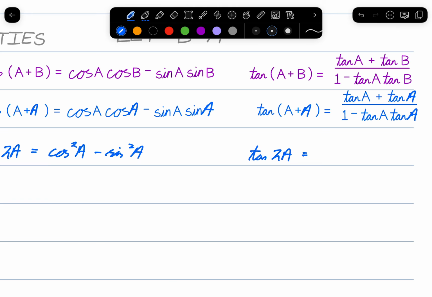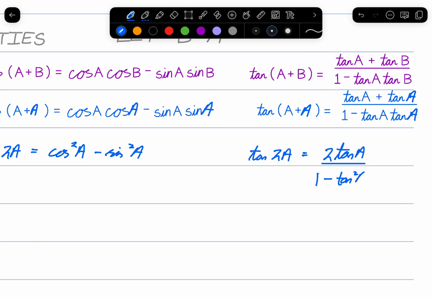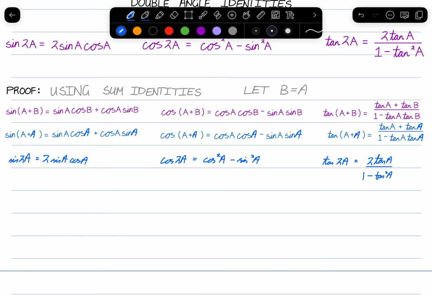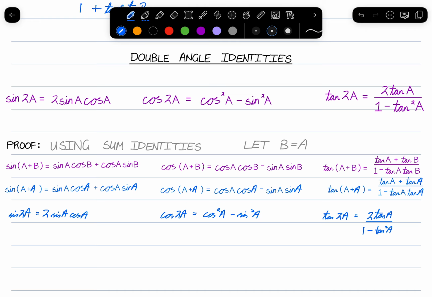The numerator, tan a plus tan a, well, that's just simply 2 lots of tan a, and 1 minus, I hope you can see, tan a times tan a is tan squared of a. And there's our proof for the double angle identity of tan.